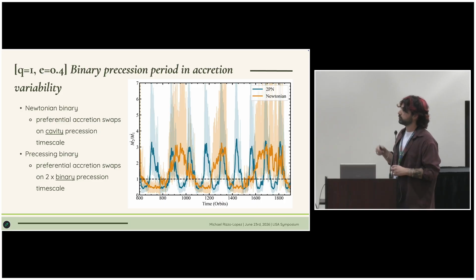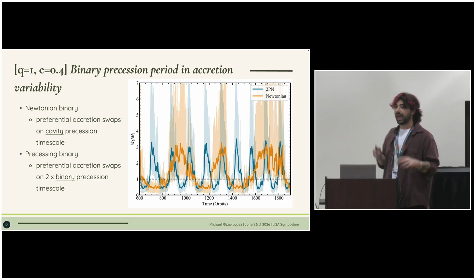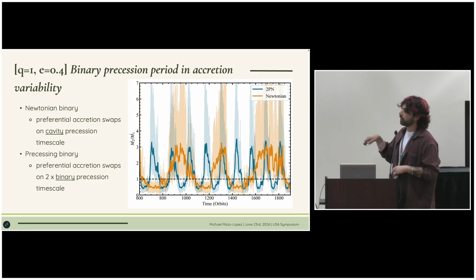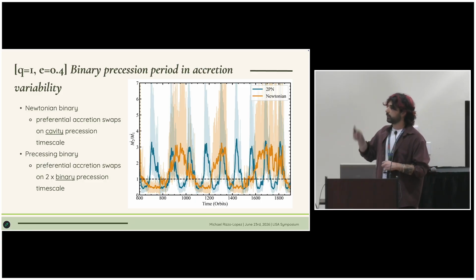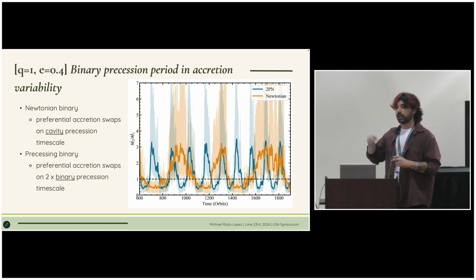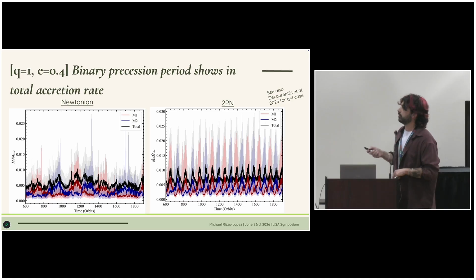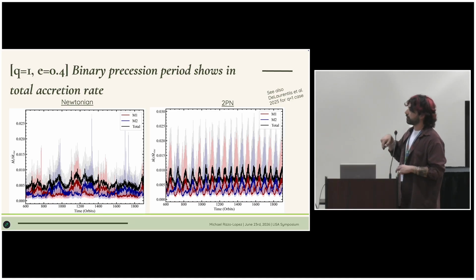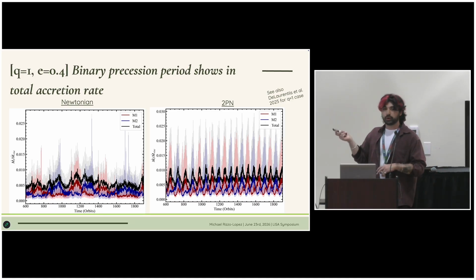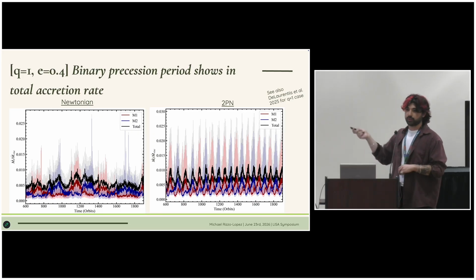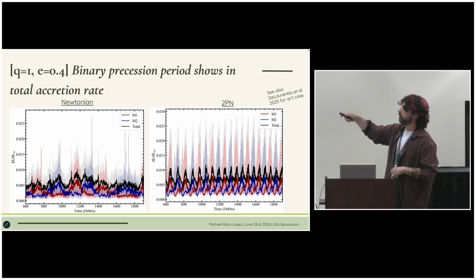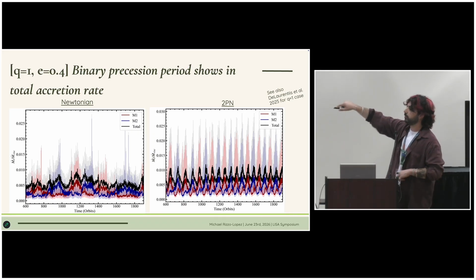This preferential accretion swaps roughly on the cavity precession timescale, and then the precessing binary has a very modulated preferential accretion, which follows the full binary precession timescale, which is the full 2 pi rotation of the binary orbit. If we break this down into the component accretion rates, this variability of the precessing binary is much more clear in the net accretion rate onto the binary in black.